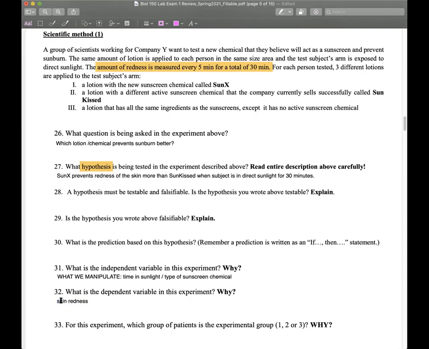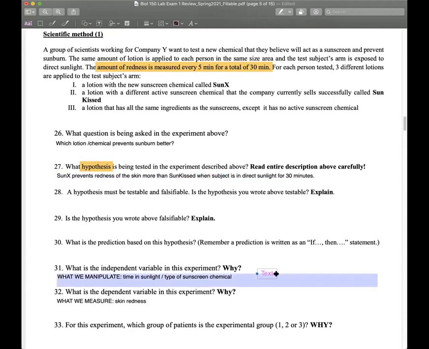Professor? Yeah. Just a quick tip for whoever asked that question. I struggled a lot identifying independent and dependent variables, and our professor told us a tip to kind of make sense of it. You could put it all in a sentence. So you would say the skin redness, or the redness of the skin, depends on the time in sunlight and the type of sunscreen. And if you were to say it vice versa, like the time in sunlight depends on the redness of the skin, then it doesn't make sense anymore.